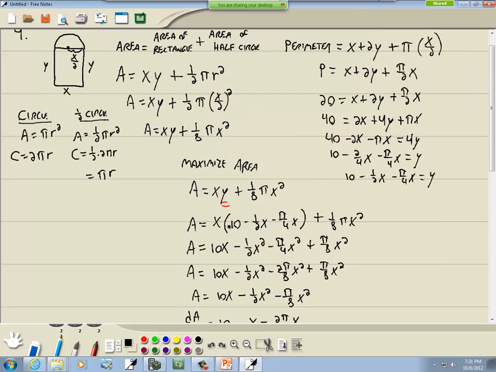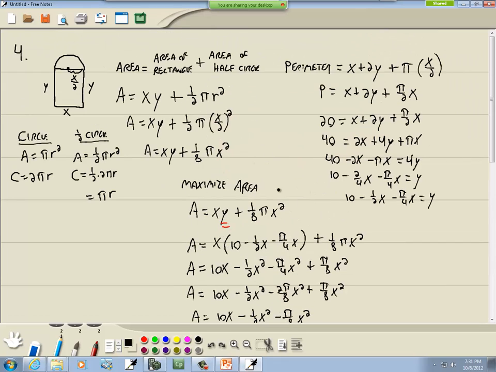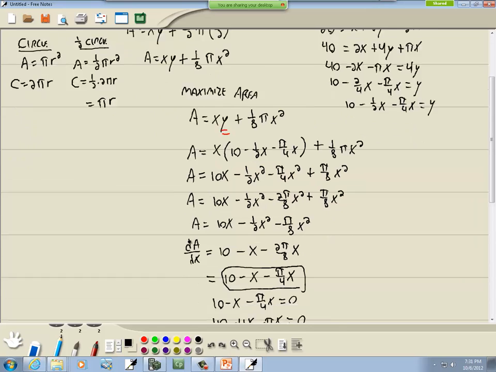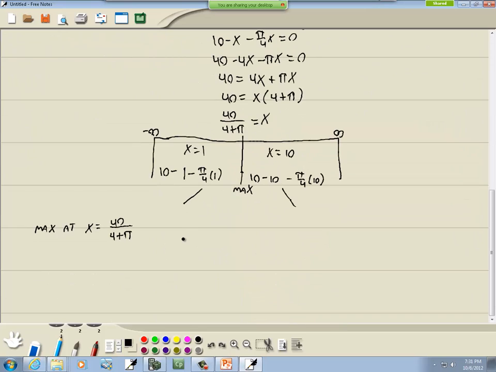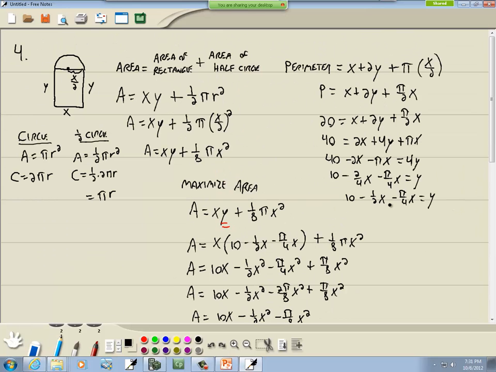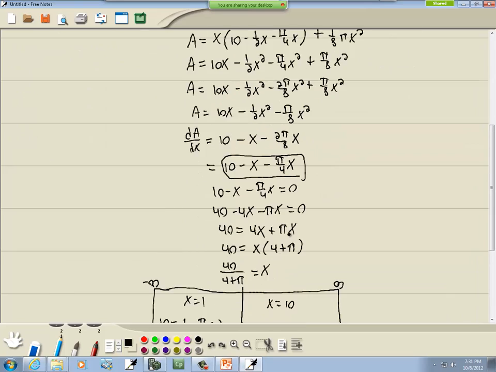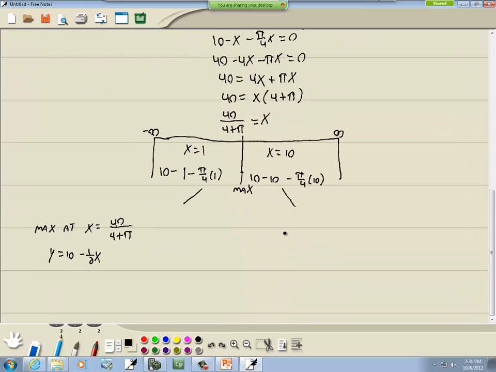Question is what y is. So let me see if I can find a formula to help me find y. Y is equal to this, 10 minus 1/2 x minus pi over 4 x.